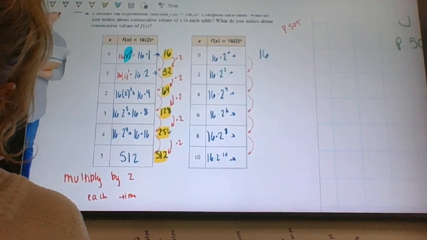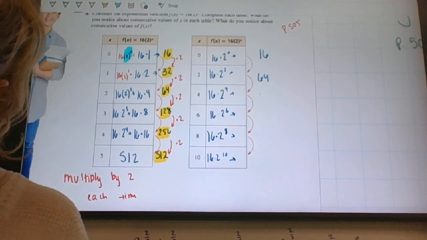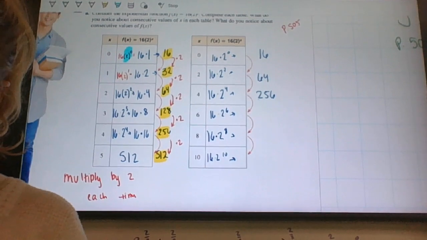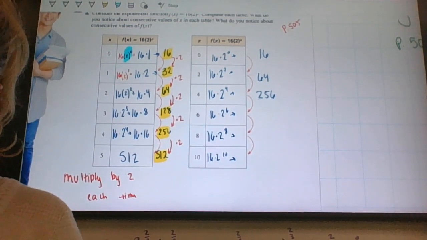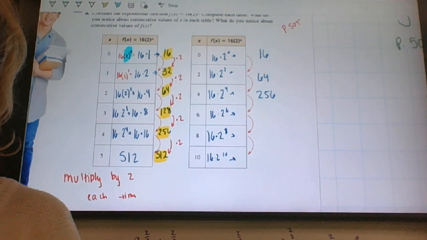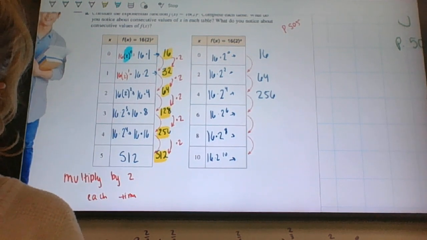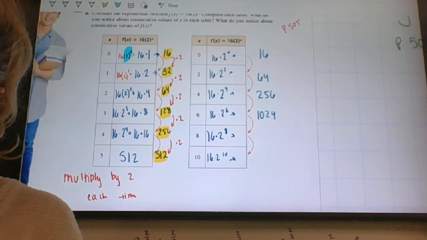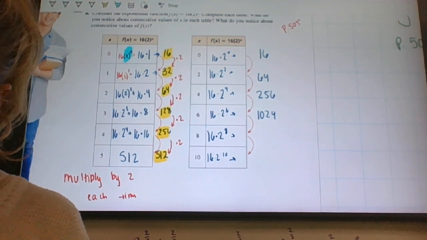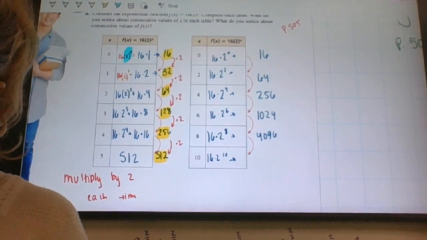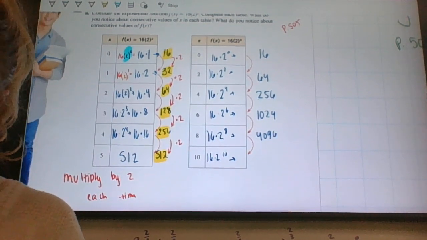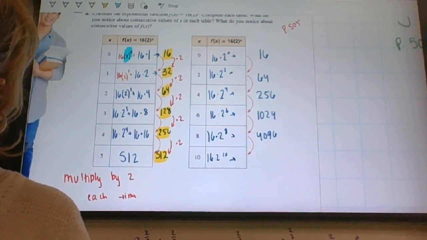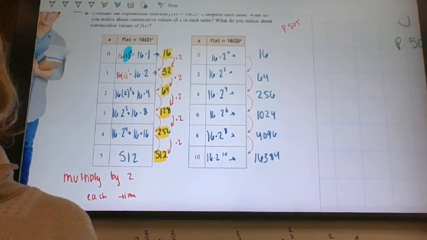That's 16, 64, 256, 1024, 4096, which we saw previously today, didn't we? 16384.